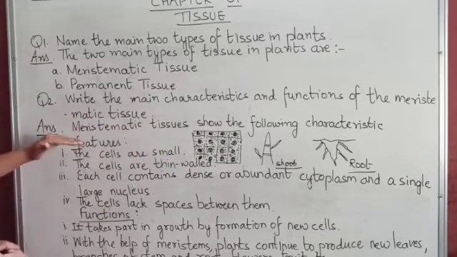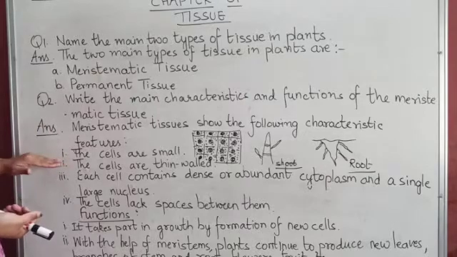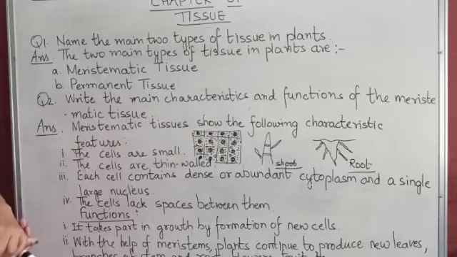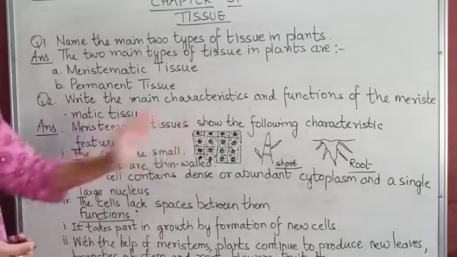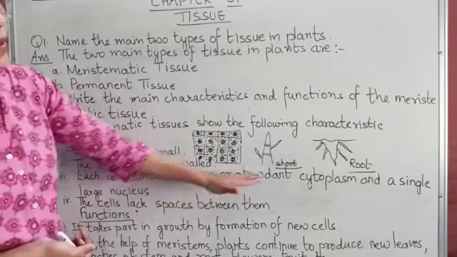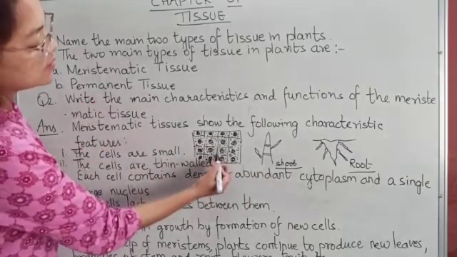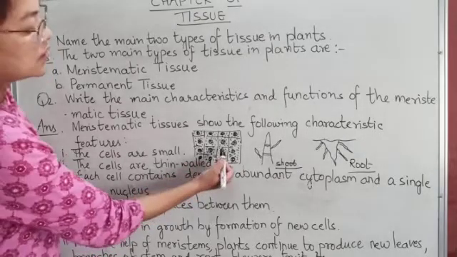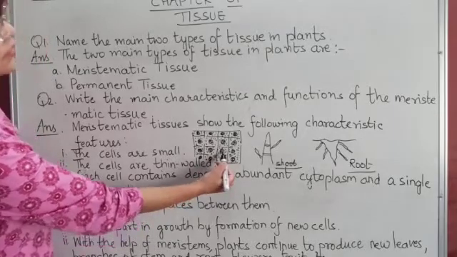The characteristics of meristematic tissues are, first, that the cells are small. As you can see, they are small, and the cells are thin walled. Each cell contains dense or abundant cytoplasm. You can see this whole dotted structure is the cytoplasm, and each cell has abundant cytoplasm and a single nucleus.